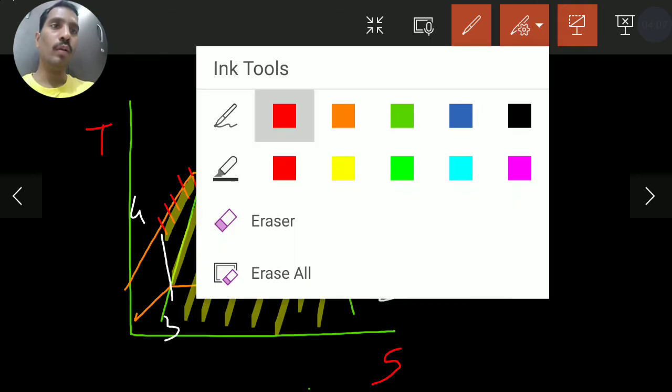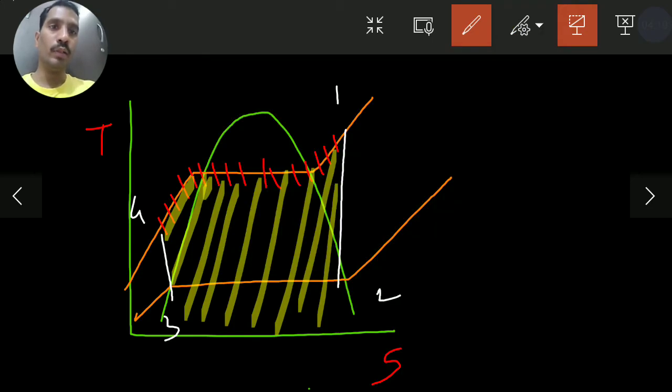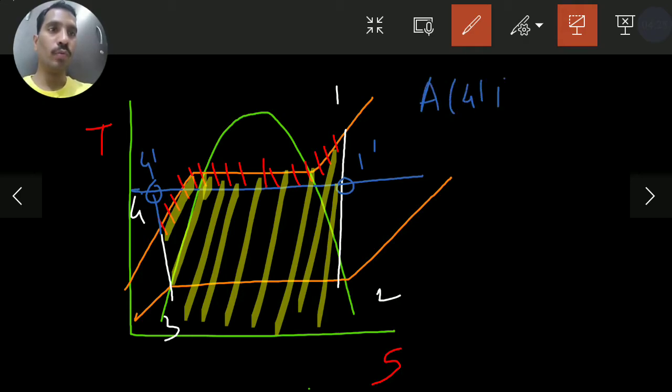Now I am drawing a horizontal line, blue color, such that the area below this 4 dash to 1 dash must be equal to the area below the 4-1 process.